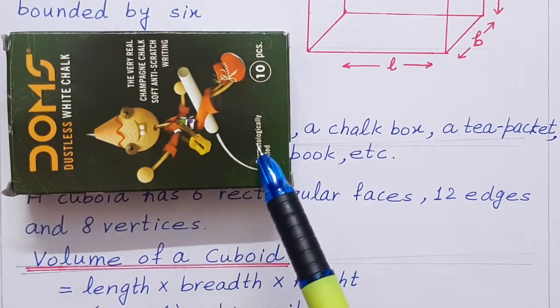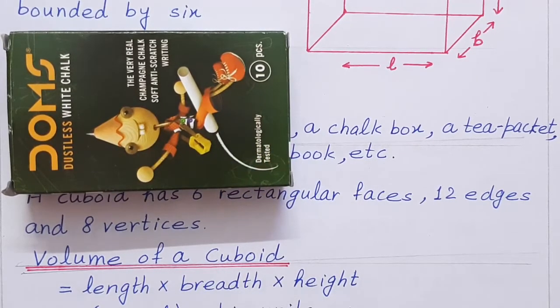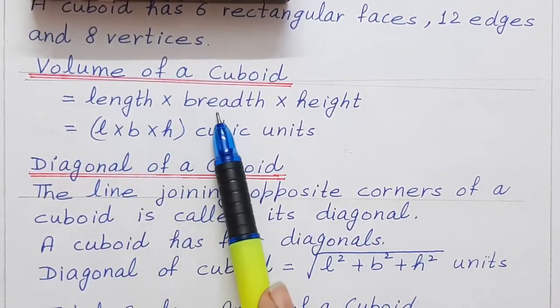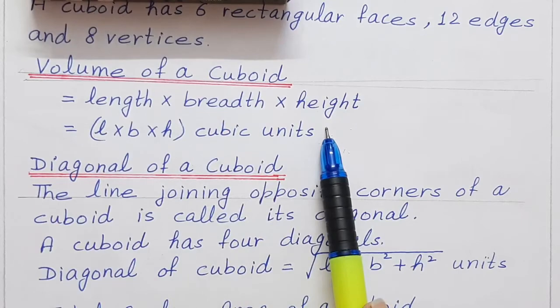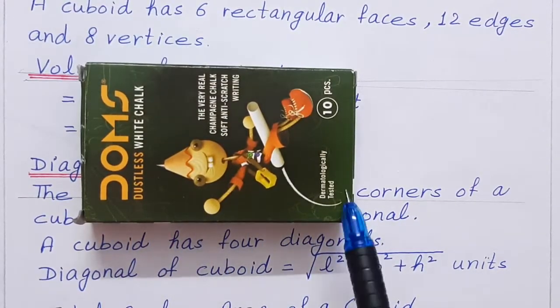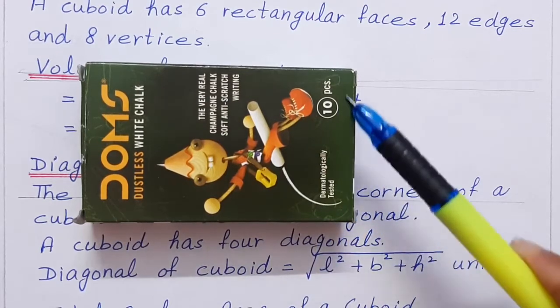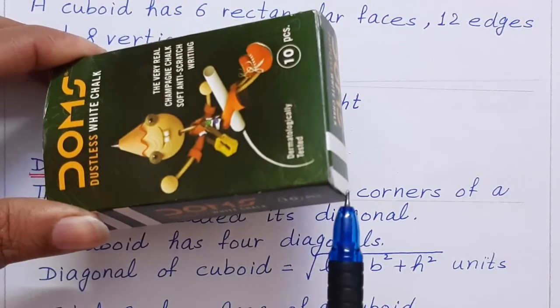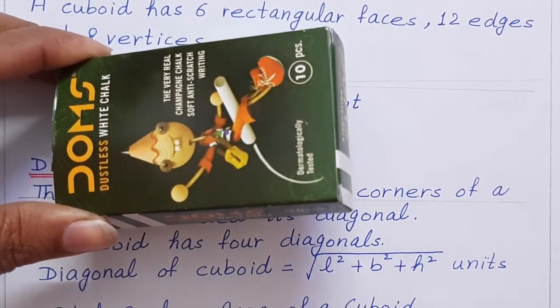So how to find the volume of a cuboid now? The volume of a cuboid is length into breadth into height. Clear? That is, length L, breadth B, and height H. I hope it is clear to you now.